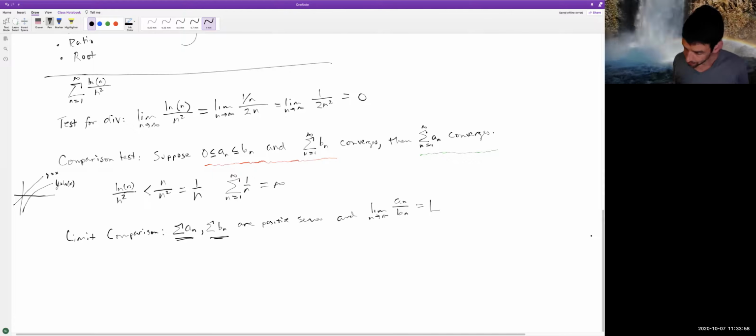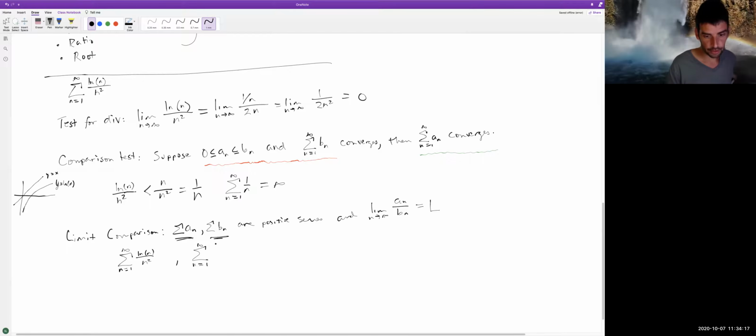So let's try one. Let's use the limit comparison. We've got our series ln n over n squared. This suggests maybe trying 1 over n squared. And we know this converges by the p-series test.